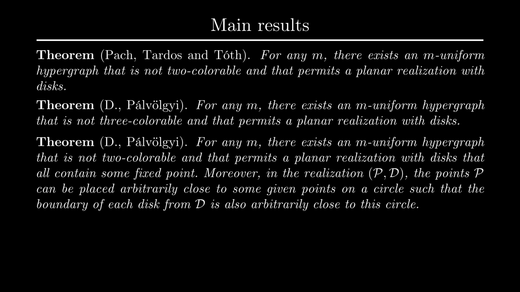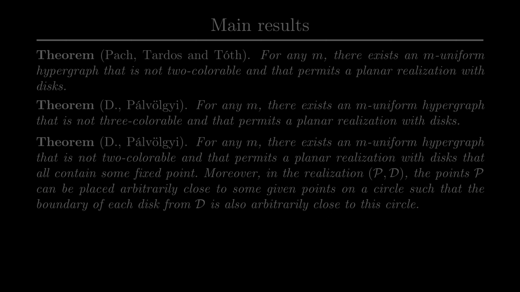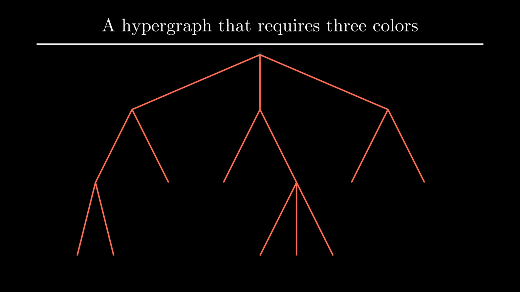We want to realize a hypergraph that is not 2 colorable, so let's start with the hypergraph. The hypergraph is defined based on a tree, so let's take a rooted tree, and the vertex set of the hypergraph are the vertices of this tree. There will be 2 kinds of edges in this hypergraph.